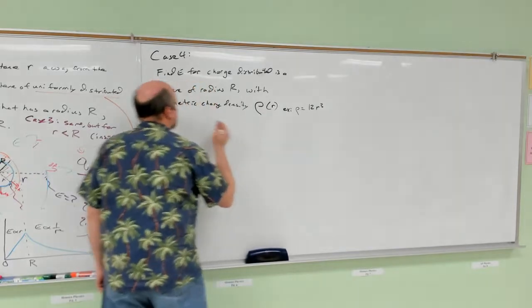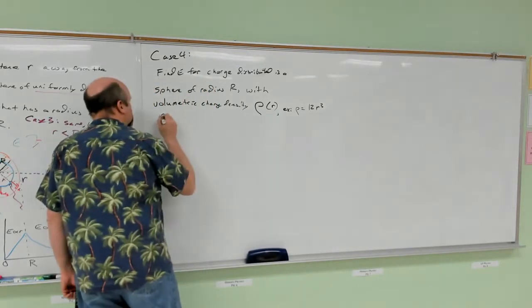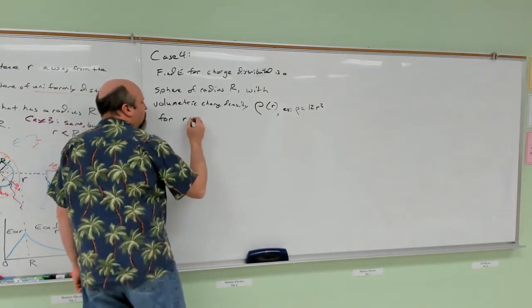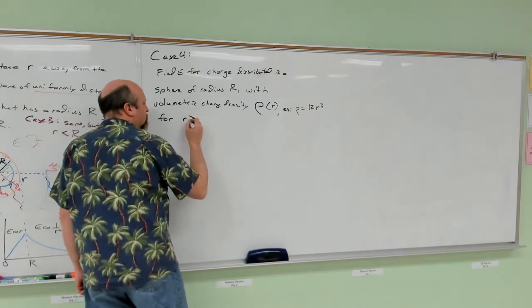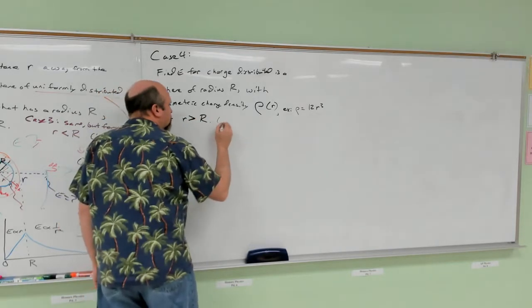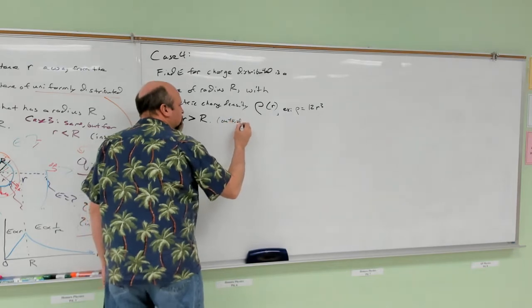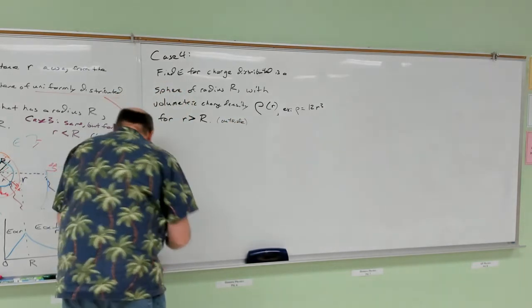So I want to find the field, and I'm going to start with r greater than big R, in other words, outside the sphere. So what does this look like?